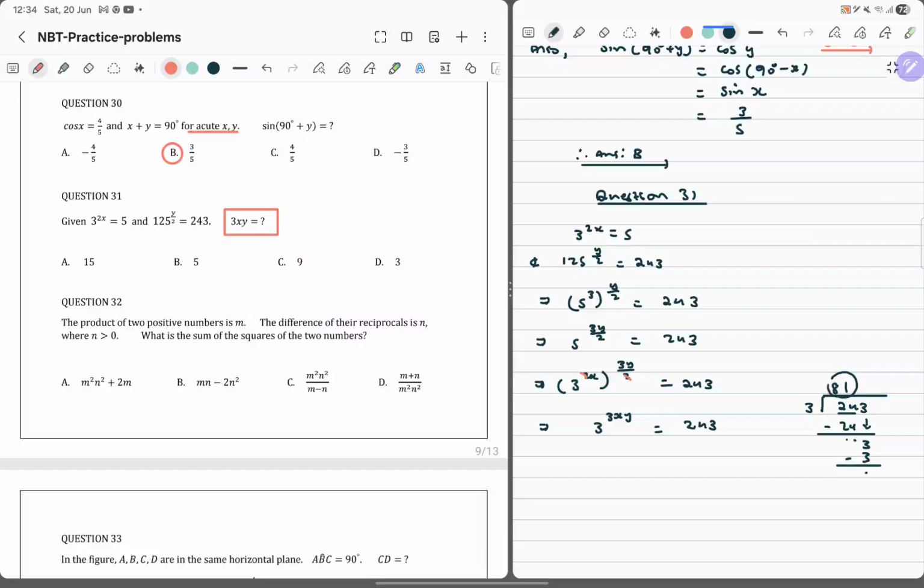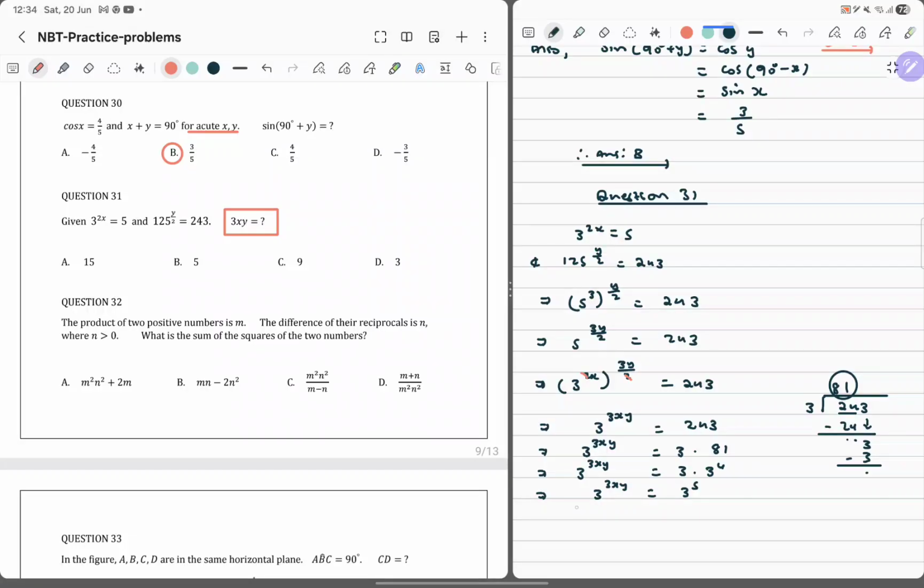So this is 81. So this is the same as saying 3 to the 3xy is equal to 3 times 81, which is 3 to the 4. So this means 3 to the 3xy is going to be equal to 3 to the 5.